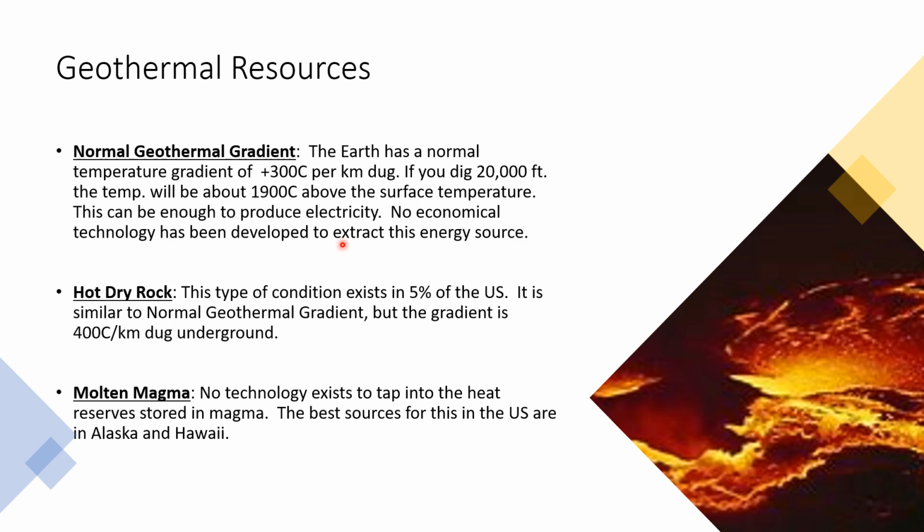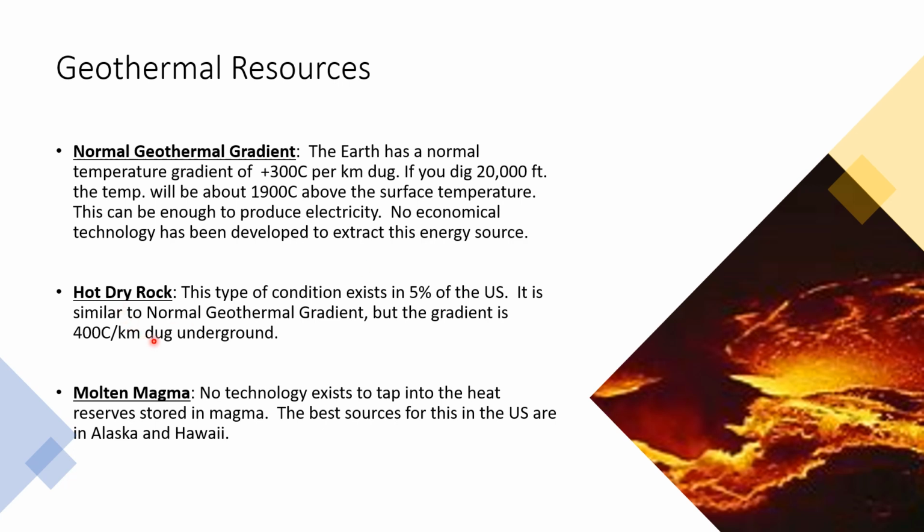Of course, you calculate or count this temperature from your surface temperature, and that's enough to produce electricity. But we don't have the technology, not enough economical technology, to be able to extract this type of energy.